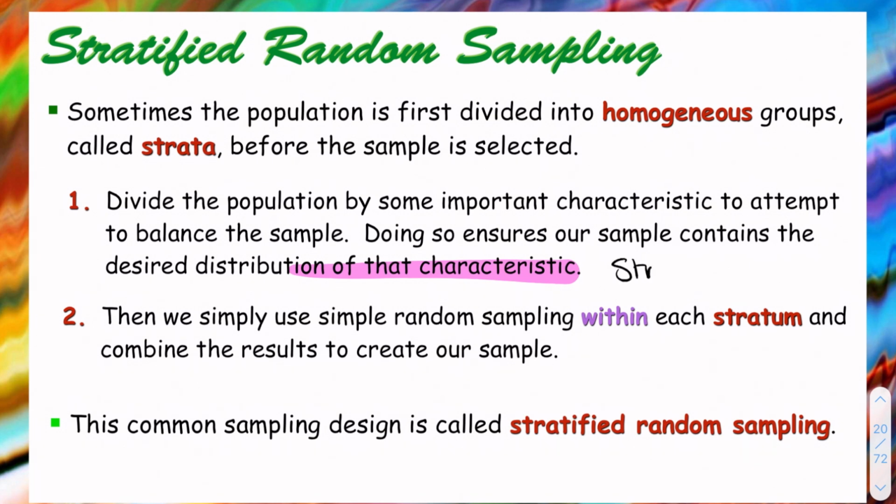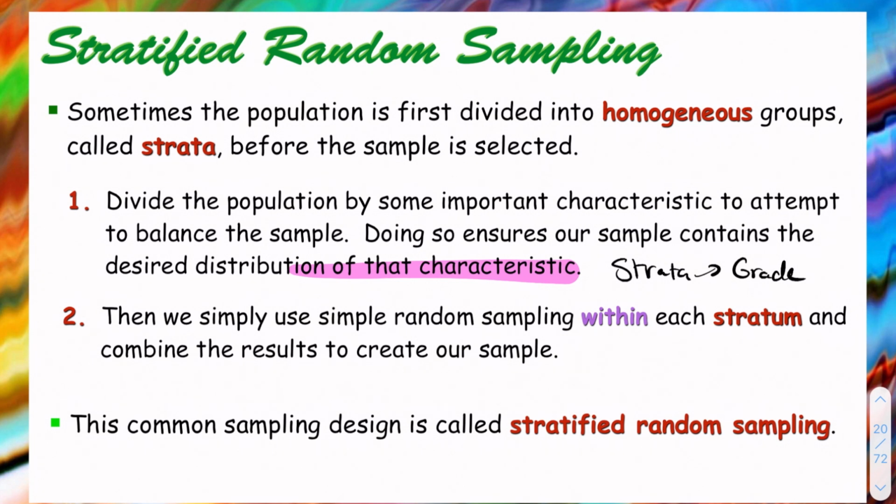Strata could be grade level. So we have freshman, sophomore, junior, senior. They are roughly the same size. Those could be the strata in our school. Then we simply use simple random sampling within each stratum, that's the singular, and combine the results to create our sample.